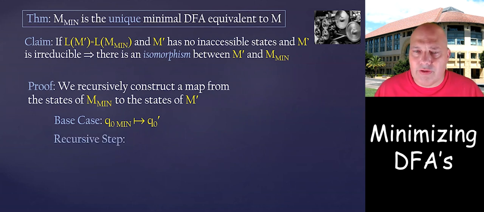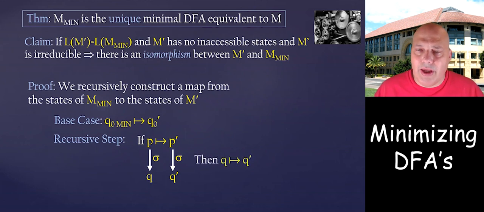And now a recursive step. If P is mapped to P prime, and for some symbol sigma, P transitions to Q in M min, and P prime transitions to Q prime in M prime, then we are going to map Q to Q prime. This is a recursive way of creating a mapping.